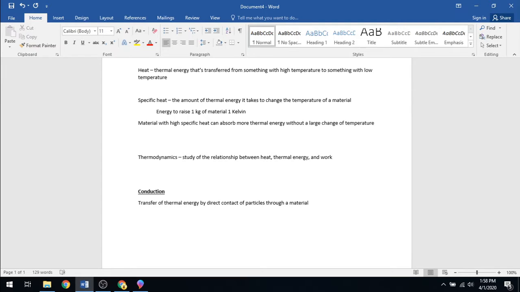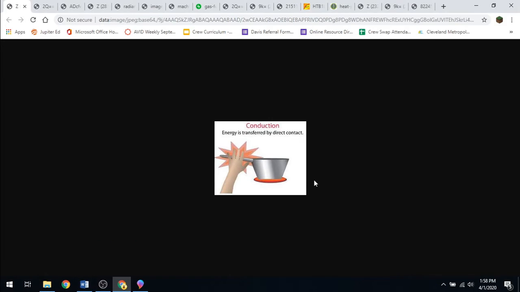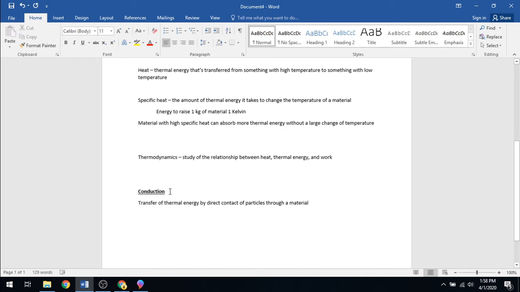So this is the idea. If you touch something hot, it's going to transfer heat to you. It's going to transfer thermal energy to you, and boom, your hand's going to hurt. It's going to burn you. So that's why we don't touch a hot stove, because conduction occurs.